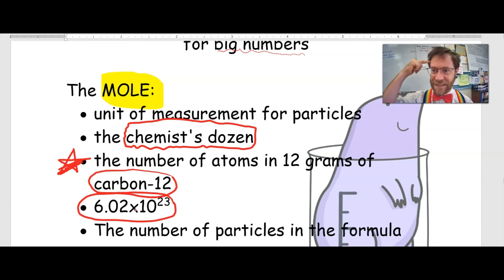His noggin is the one that was advanced. So what this means is carbon 12 here has 12 nucleons. It has 6 protons, 6 neutrons, right? So what he decided is that however many atoms it takes to have 12 grams of this, that number he will call a mole.